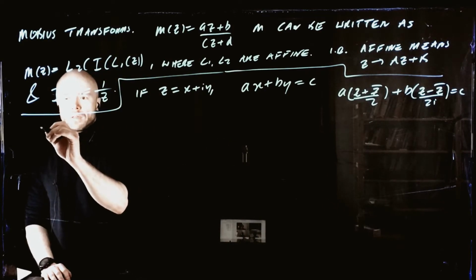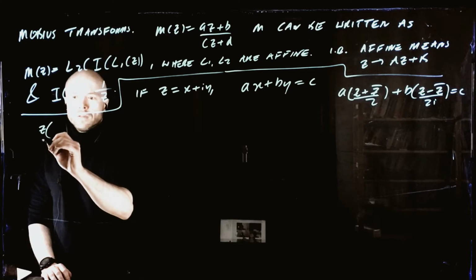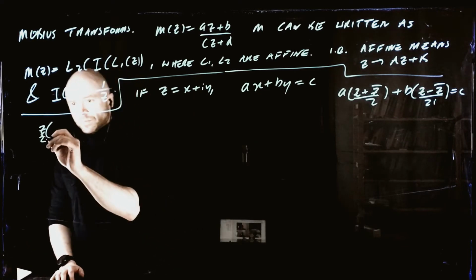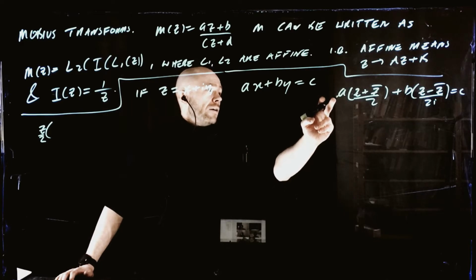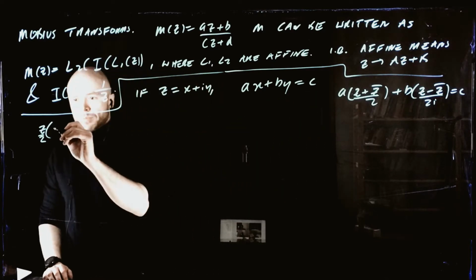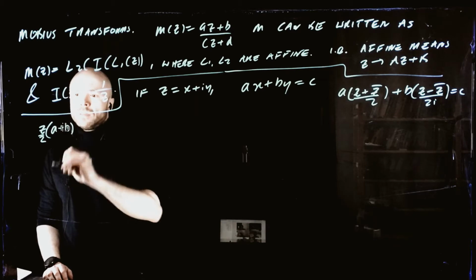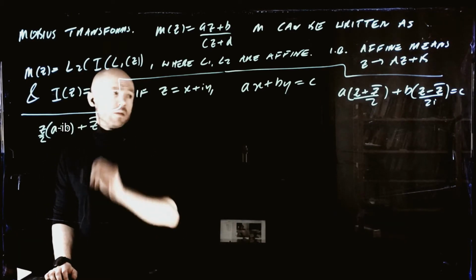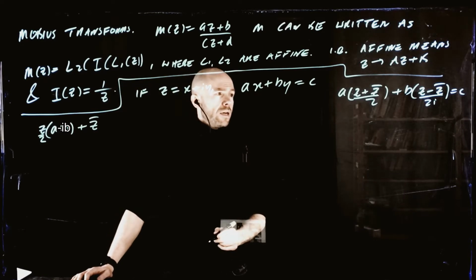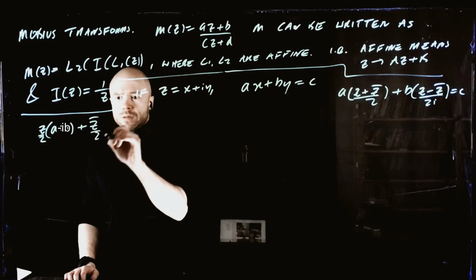We're going to have that Z over 2, and we're going to have an A, and we're going to have a B. So we're going to have A plus B, right? And then for the Z bar, we're going to have Z bar, and let's put it over 2.